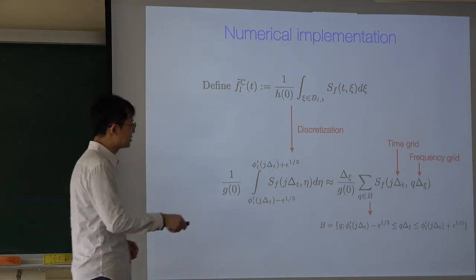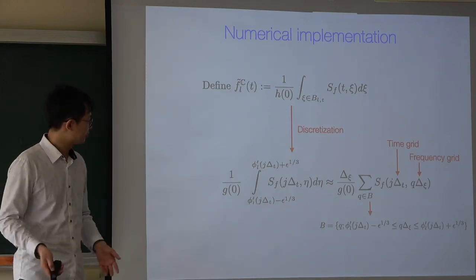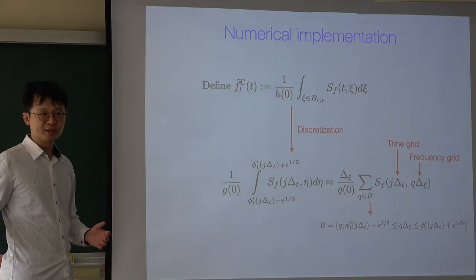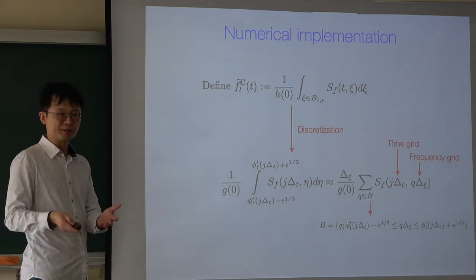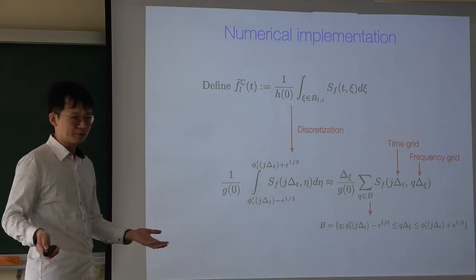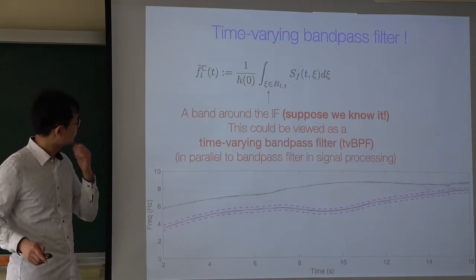That is what you have, and this is nothing but a Riemann sum. It's a very simple numerical implementation. Direct discretization. Why? Because everything we do here is kernels. We only do kernels, so immediate discretization will be simple.